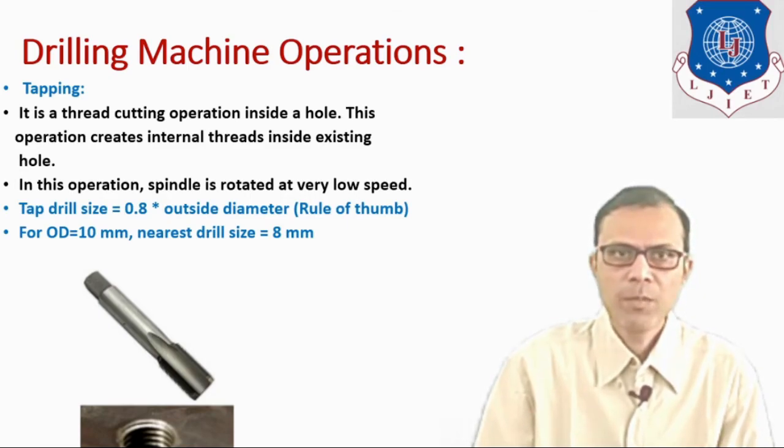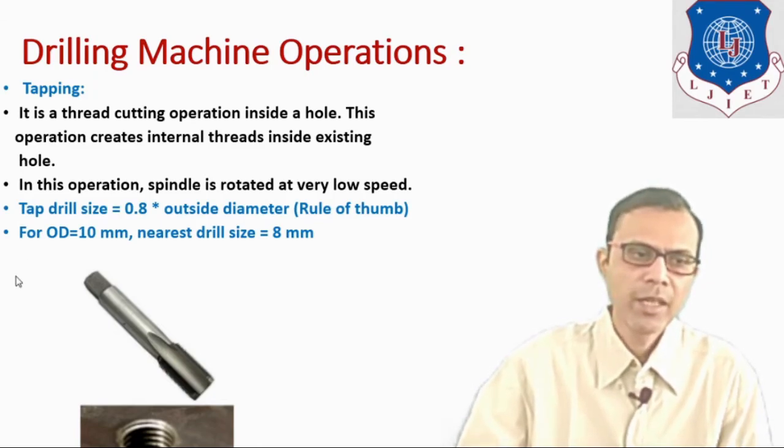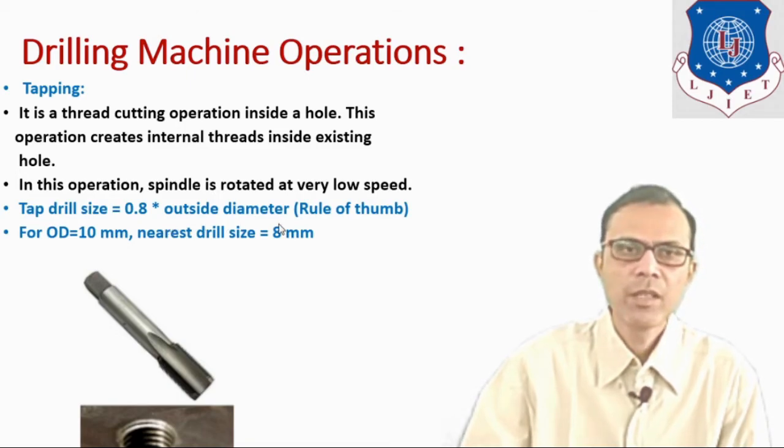The previously drilled hole has a comparatively smaller size, and how can that size be found? For that, one rule of thumb is applied: tap drill size is equal to 0.8 times the outside diameter. It is known as the rule of thumb, and in most cases it is correct.